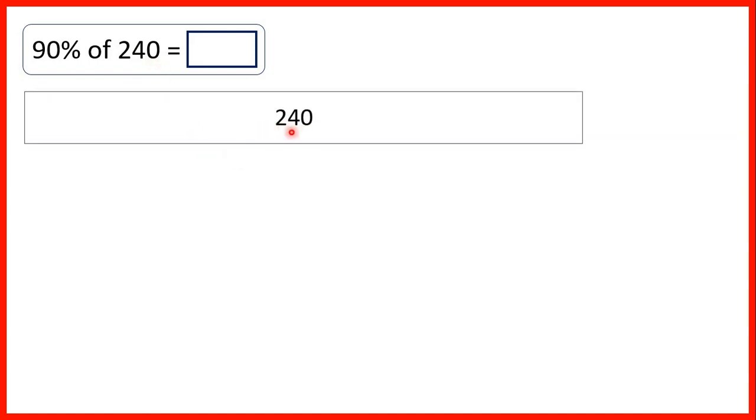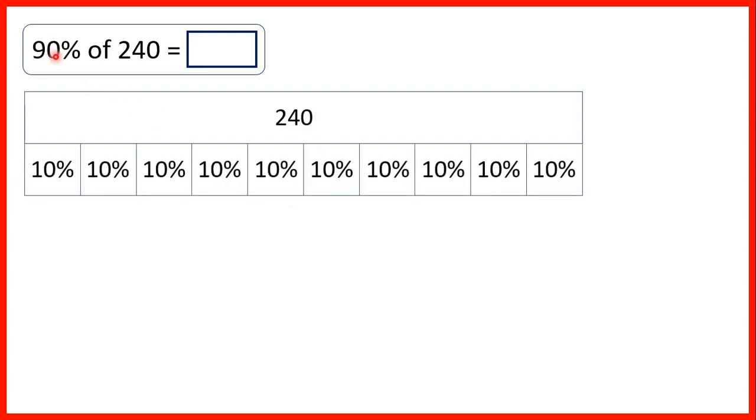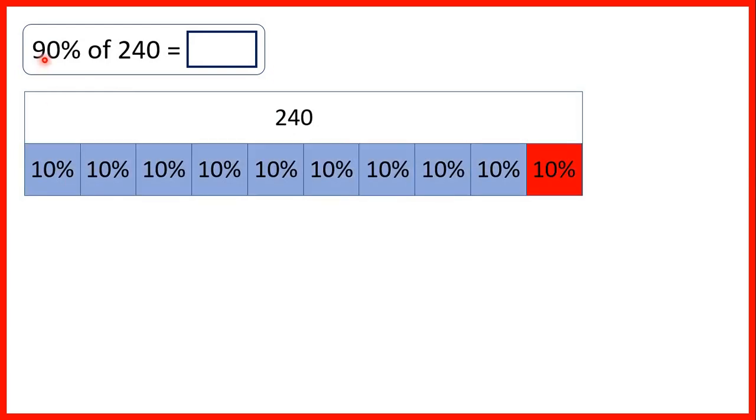Now let's find 90% of 240. We can show 240 as our total quantity, and if we're finding 90%, we can show 10% bars, and 90% means we need to find the quantity of 9 of those bars. Now to find 10%, we divide by 10, and 240 divided by 10 is 24.